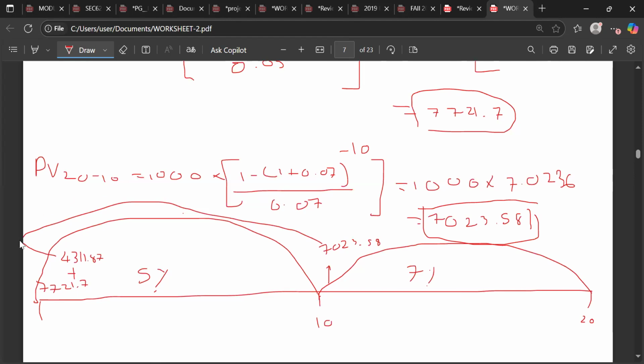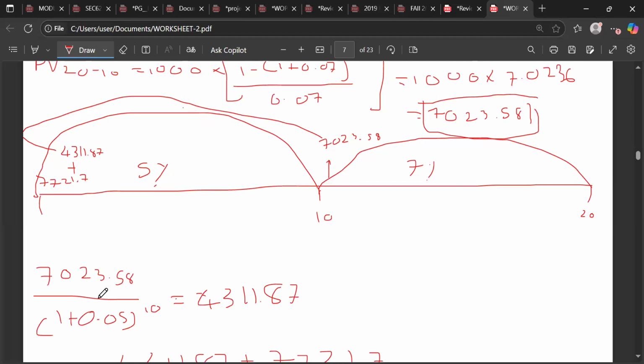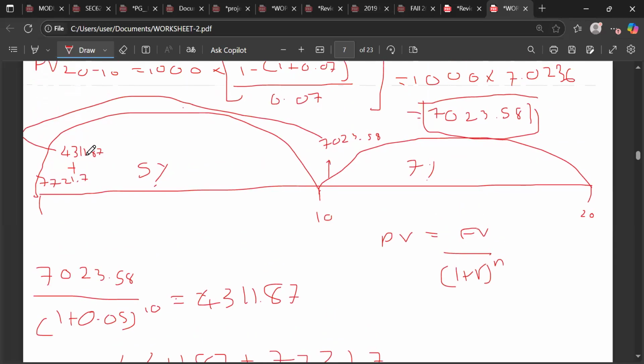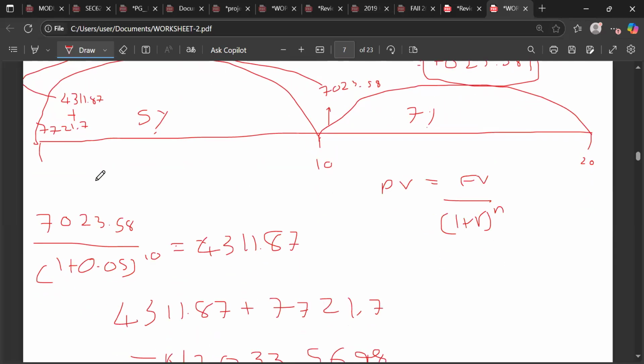We time travel all the way back to year 0, using the formula PV is equal to future value over 1 plus R to the power n, which will give us 4,311.87. When you add the two, that's why you now get 12,033.5698. Are we okay there?